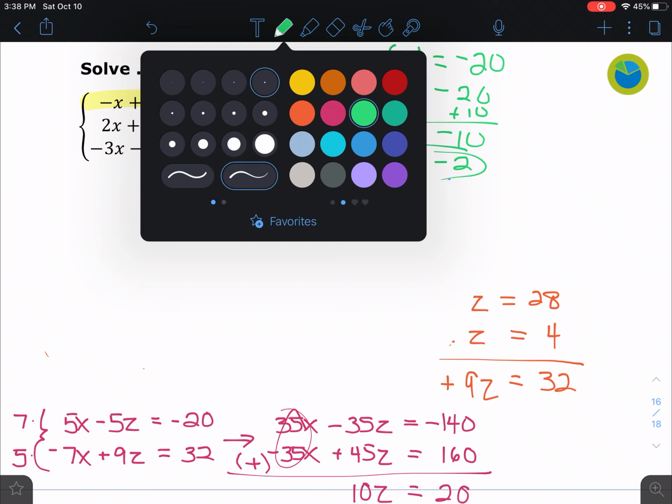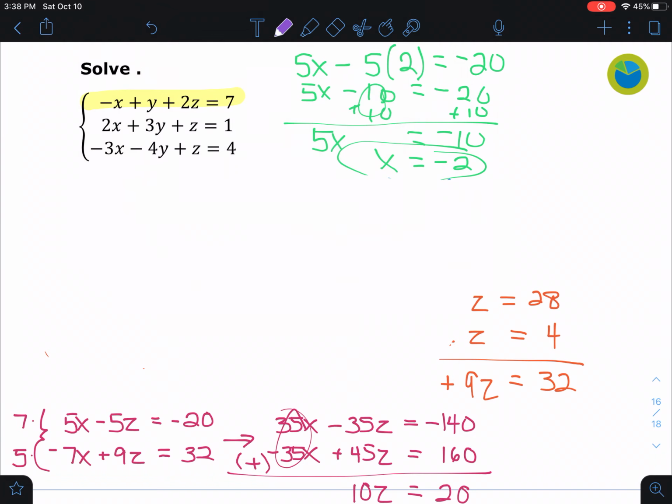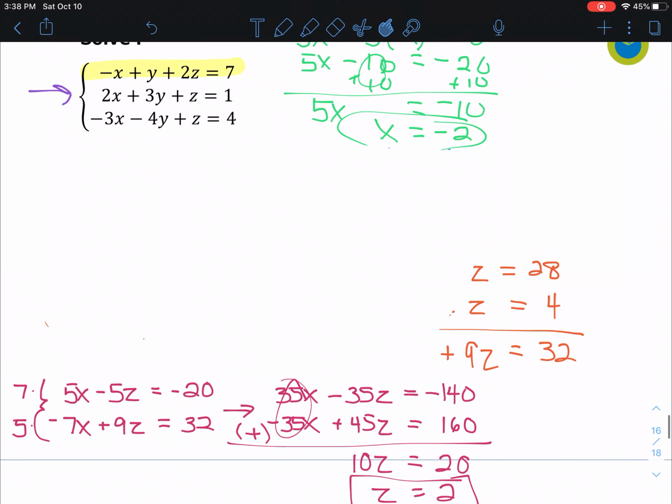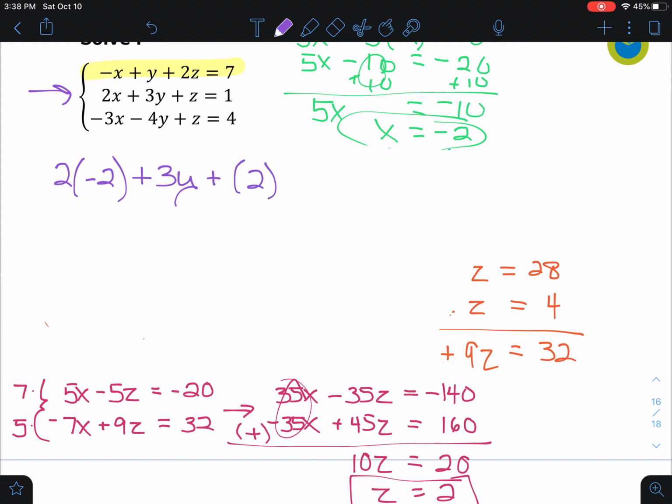I'm just going to say, all right, I kind of like the middle one. So I know x is negative 2, z is 2. So we're going to say 2 times negative 2 plus 3y plus 2 equals 1.